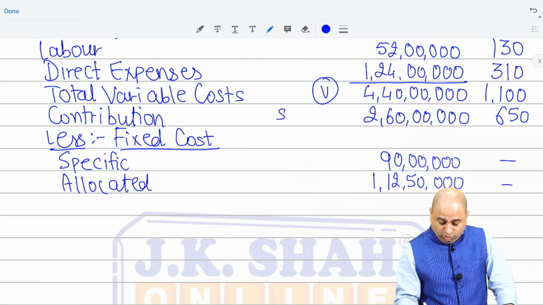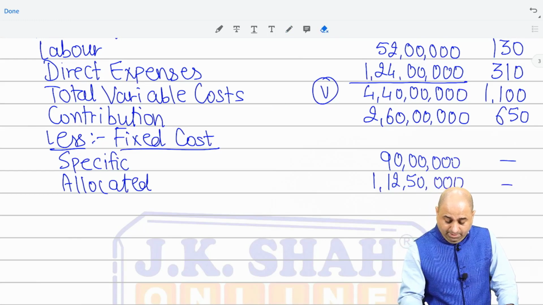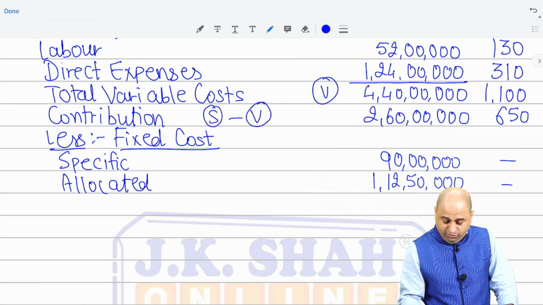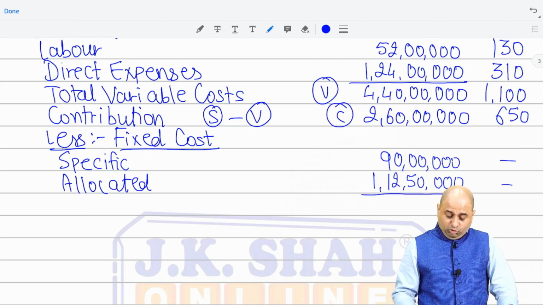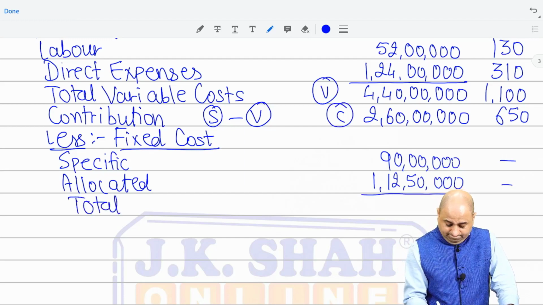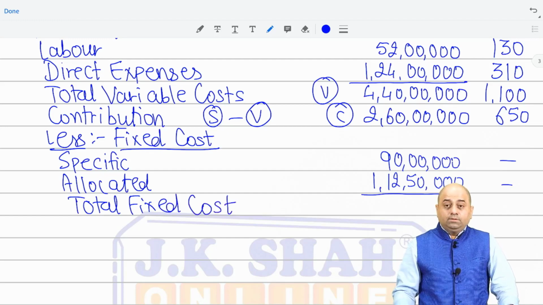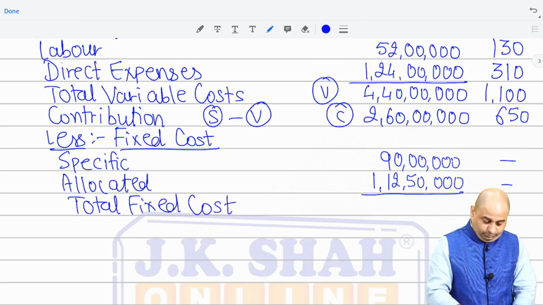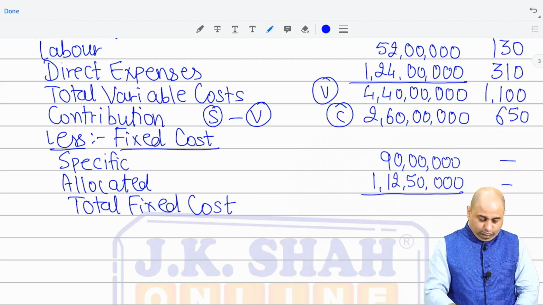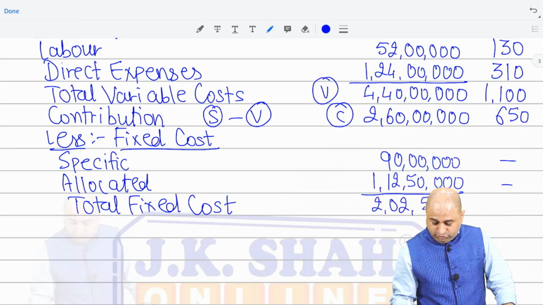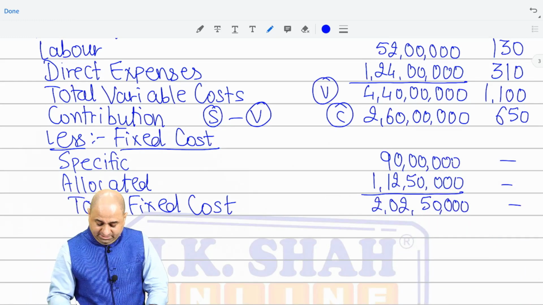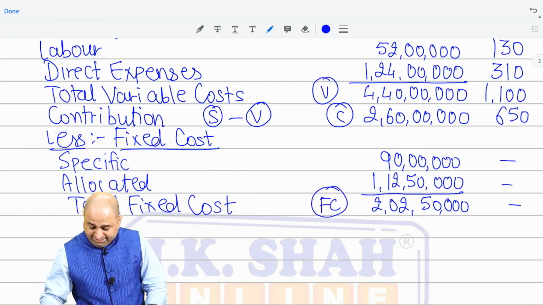By the way, this contribution we have achieved by calculating S minus V. This is what we call C. I will calculate total fixed cost: 2 crores 2 lakhs 50,000. And then finally I'll term this as FC.